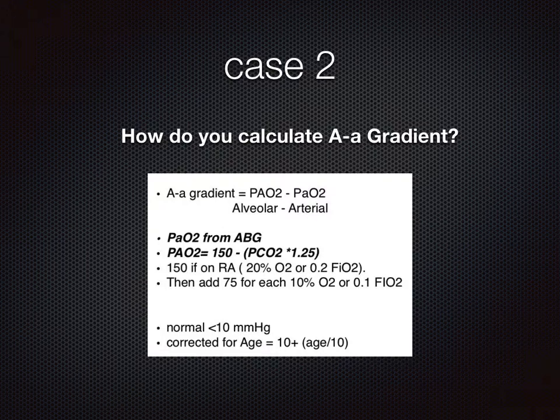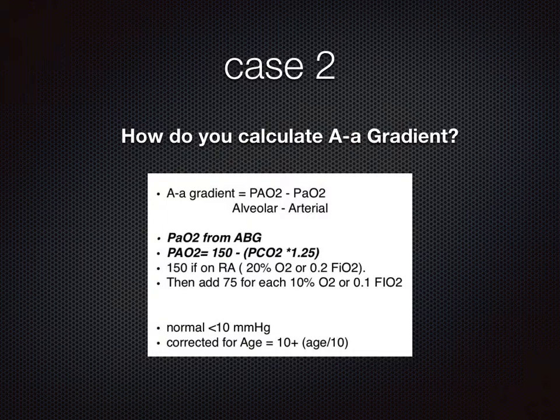So PaO2, which is the arterial, you will get from the ABG. But alveolar oxygen, you calculate. There is a very long equation, simplified into 150 minus PCO2 multiplied by 1.25. So 150 if the patient is on room air, which is 20% or 0.2 FiO2, and that's the minimum.